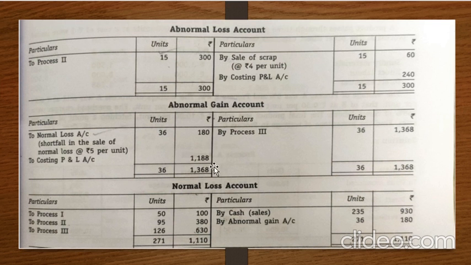Next we will prepare your normal loss account. You have normal loss in all the 3 processes. So it will be by normal loss in process 1, by normal loss in process 2 and by normal loss in process 3. Then the number of units, as per the ledger entries you have prepared, you will pick up from there. For process 1 it is 50 units at rupees 100.